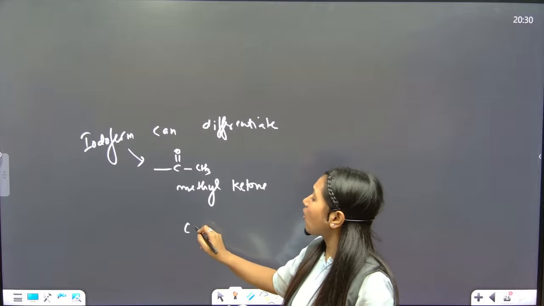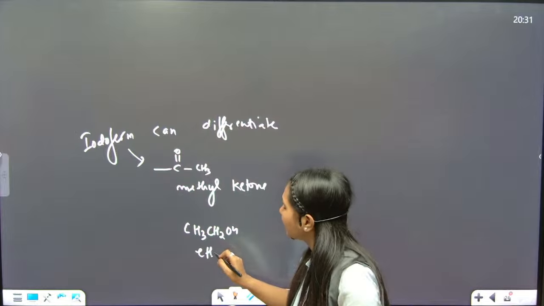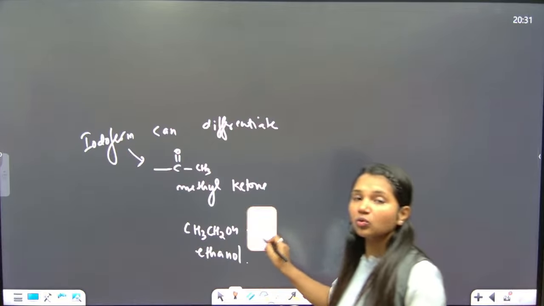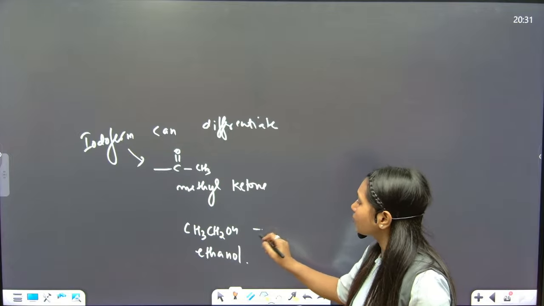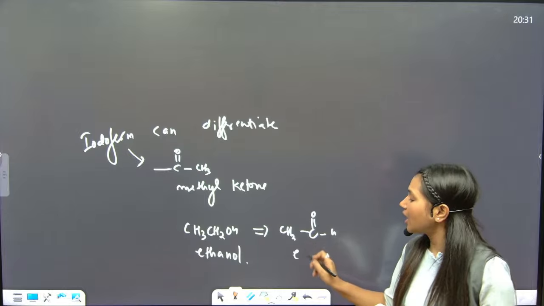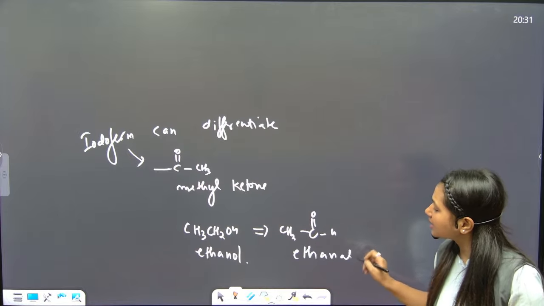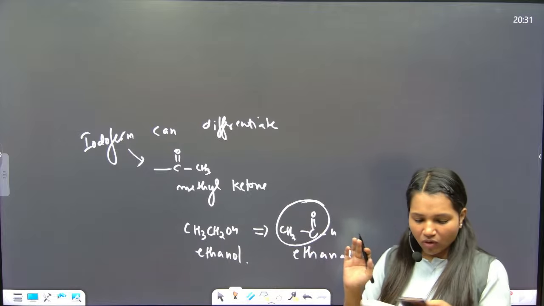In terms of alcohols, the only primary alcohol that gives it is ethanol, because it oxidizes into acetaldehyde, which has the methyl carbonyl group. That's why it gives a positive iodoform test.